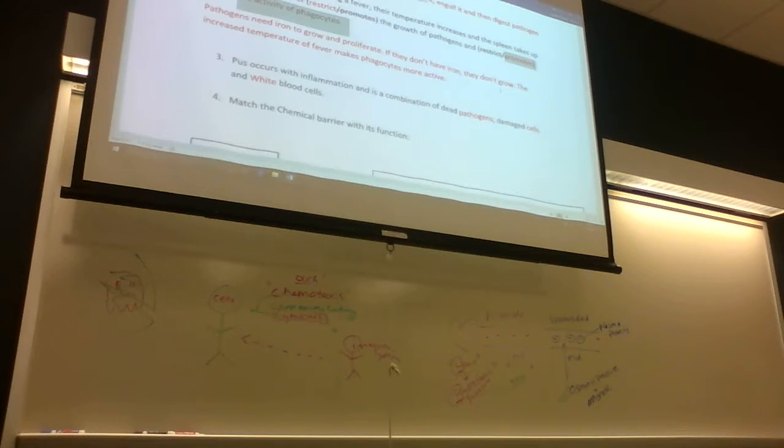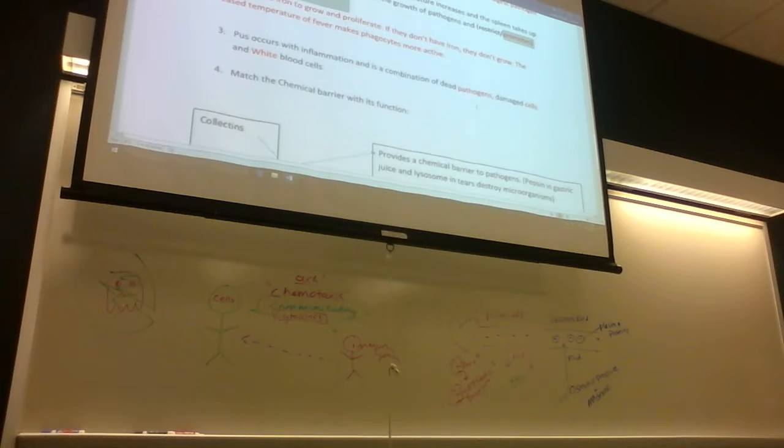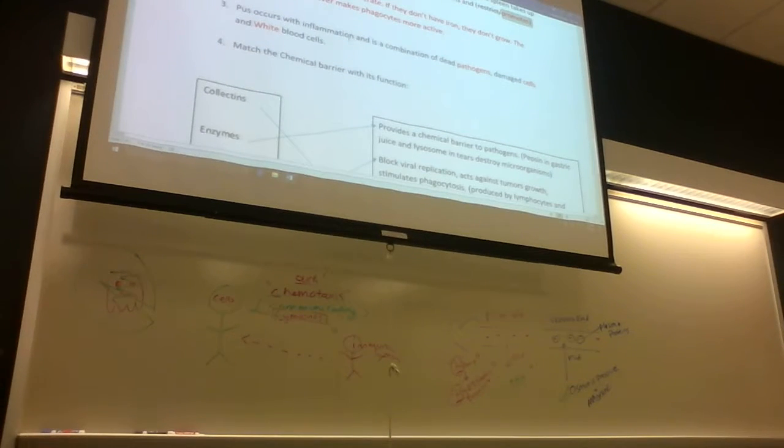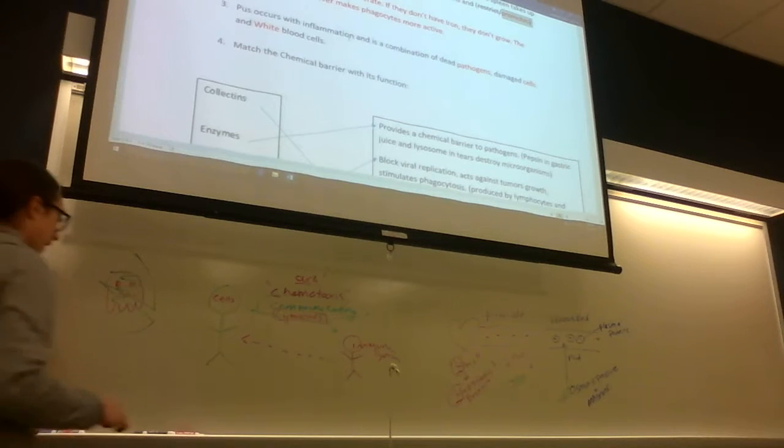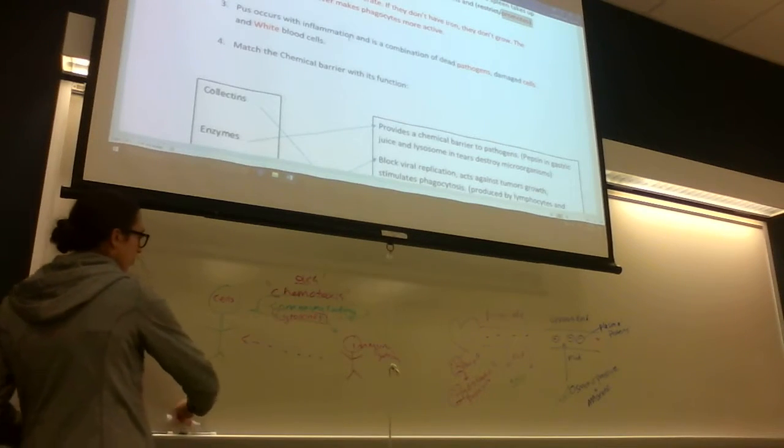Next, we're going to be talking about pus and, well, mainly inflammation. Pus occurs with inflammation. We have that on the board where it's inflamed. Pus is a combination, a mixture of dead pathogens, like dead germs, and damaged cells, because whenever you have an infection, you're always going to have some form of damage.